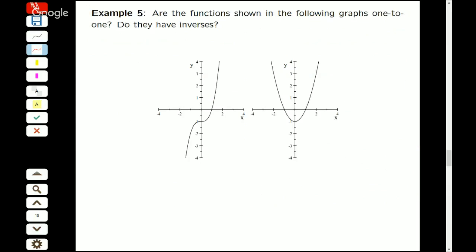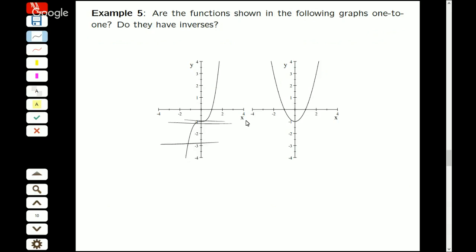Let's do some examples. Question? Okay, are the functions shown in the following graphs one-to-one? Do they have inverses? So look at them. This right here looks like it's a horizontal line, but it really isn't a horizontal line.